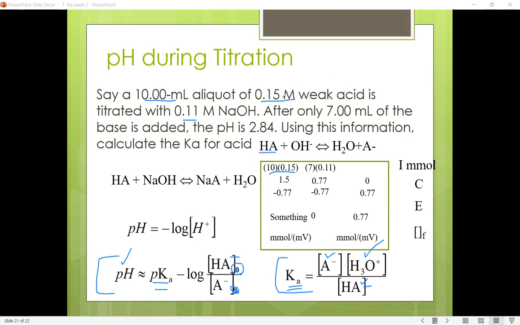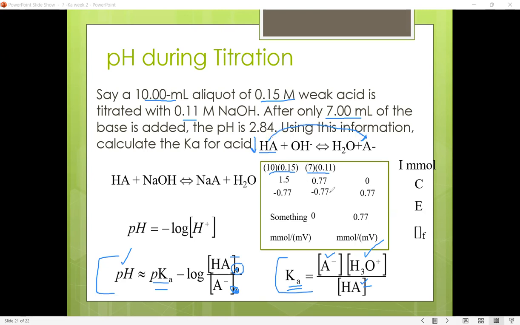And then as we start the titration, adding some base, what is that base doing? We're taking those millimoles of base and doing a neutralization, right? Because that's a strong base. So it's going to decrease this concentration, and it's going to convert this HA into A minus.